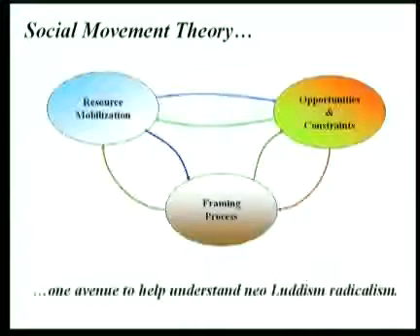All right, social movement theory. You recall we had these 3 different domain elements, and the assumption going in here is that social movement theory is a reasonable avenue to help us understand this neo-Luddism, radicalism, if you will, their violent acts. So we pick up on each of those dimensions.